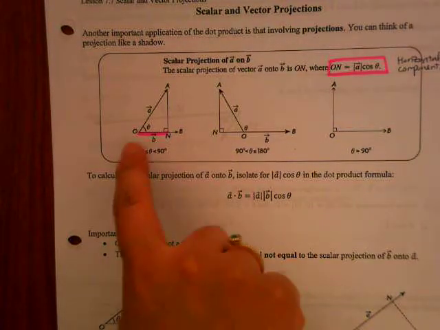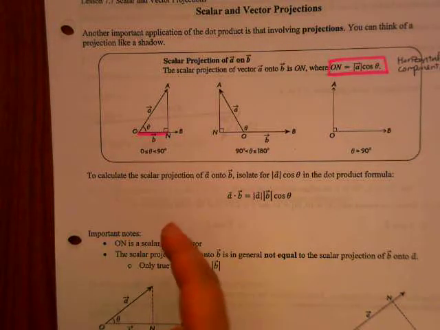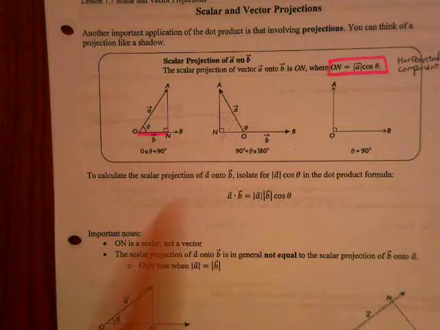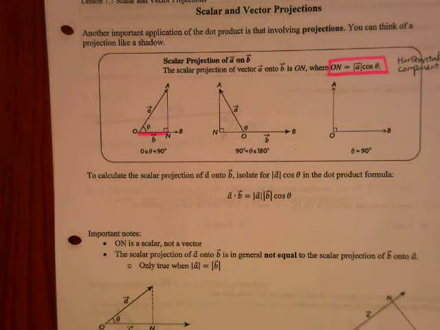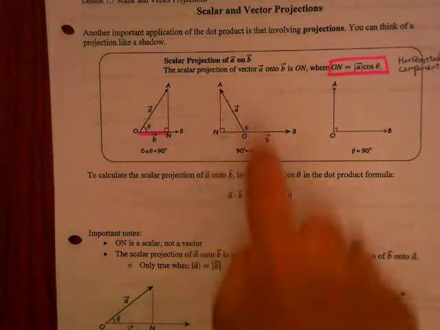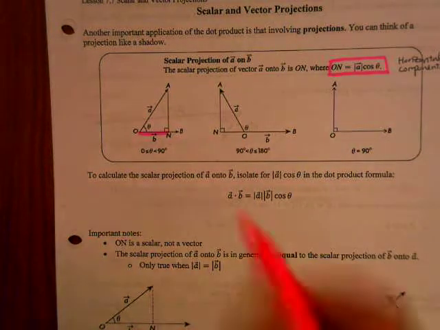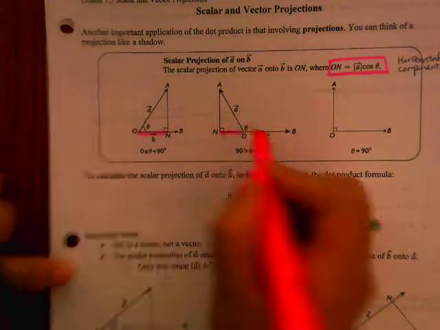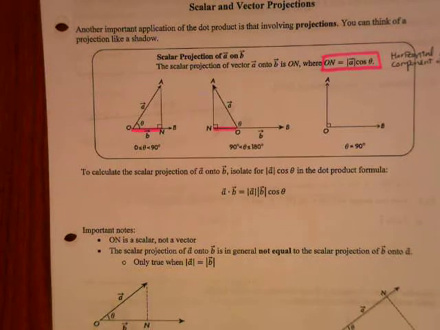If your theta is less than 90 degrees, then A and B are pointing somewhat in the same direction. You have this acute angle, so ON is here. If your vector A and B form an obtuse angle, the projection of A onto B is not on vector B. It's this scalar quantity over here.